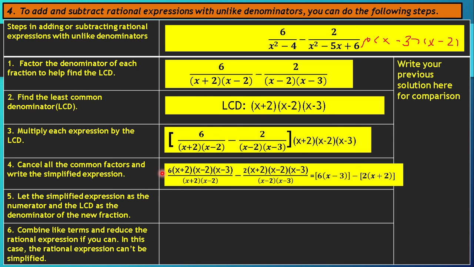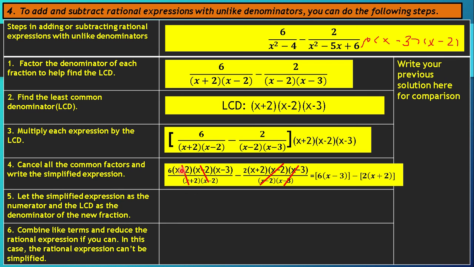So yung x plus 2 at yung x plus 2, cancel natin. Meron din tayong x minus 2 and x minus 2. Cancel yung x minus 2 and x minus 2 na nasa pangalawang fraction and also x minus 3.